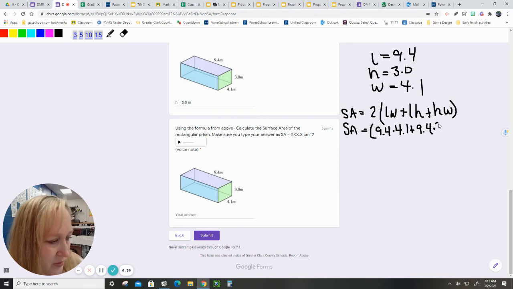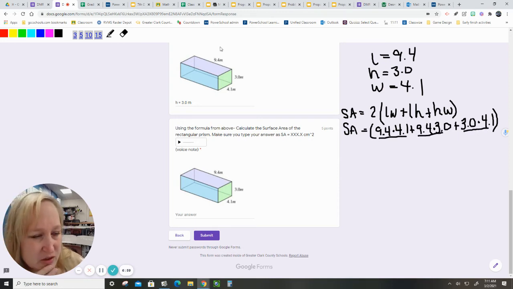H is 3.0. Plus H is 3.0 times W, which is 4.1. All right, now we're going to start doing these operations. I'm going to do these multiplication problems and then come and put the answer.